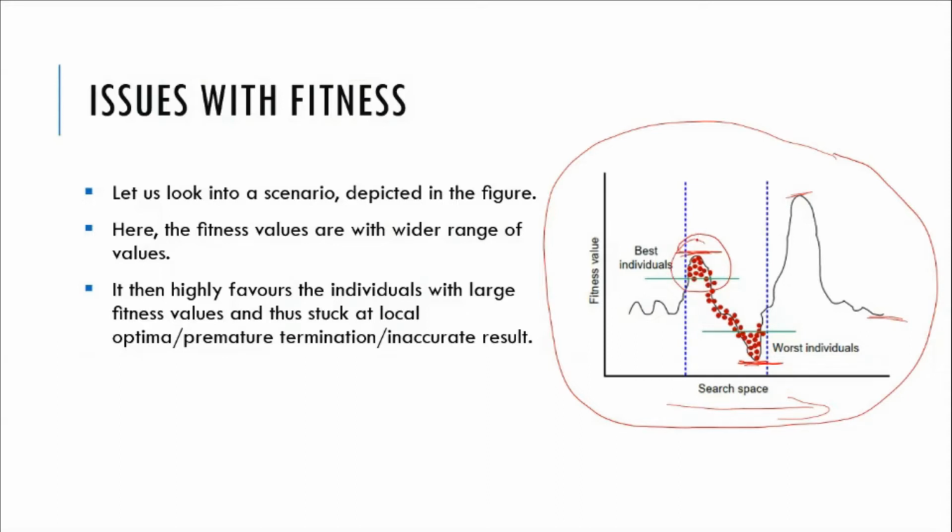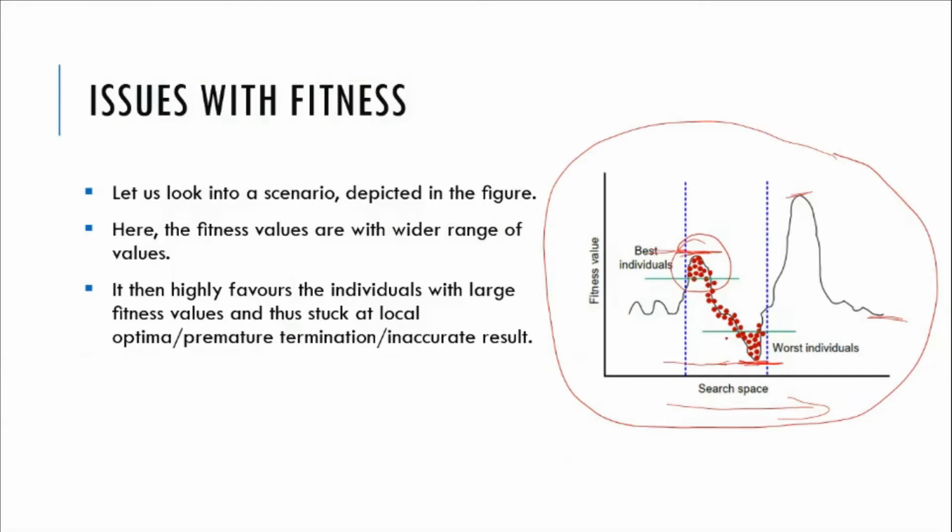In this case it actually has a wider range of values, from here to here, but still the problem is that there are many individuals concentrated with a high fitness compared to the other individuals.